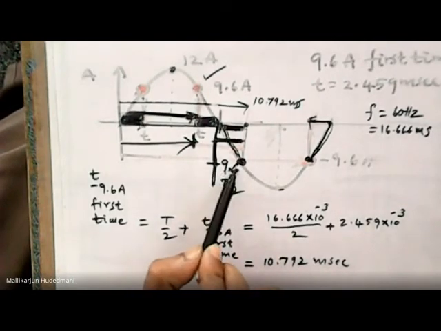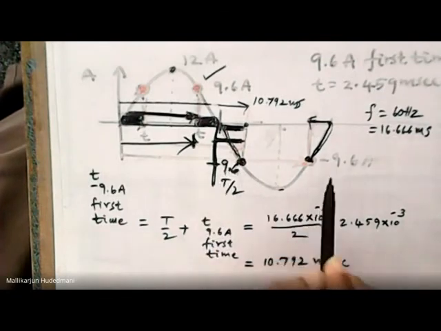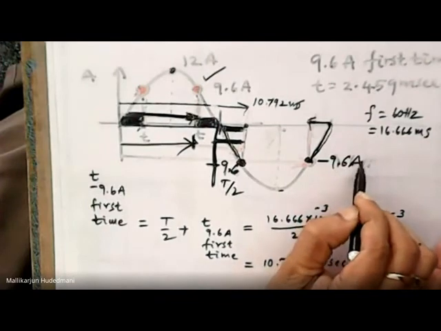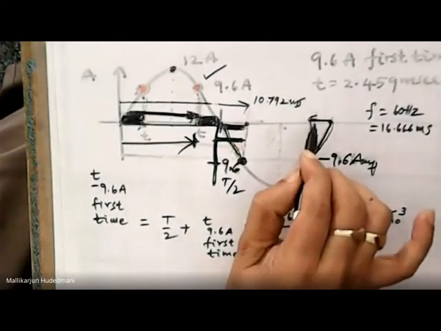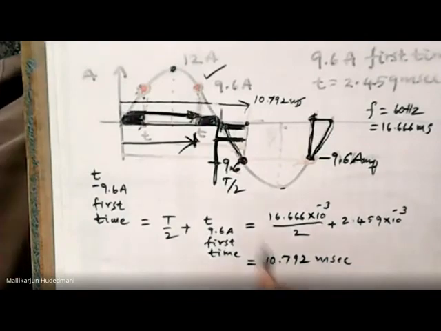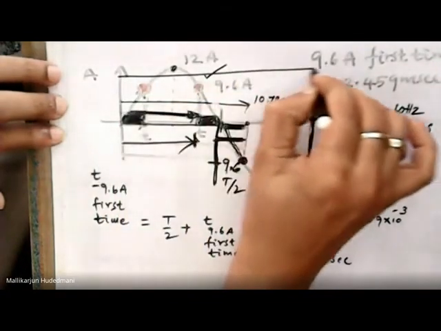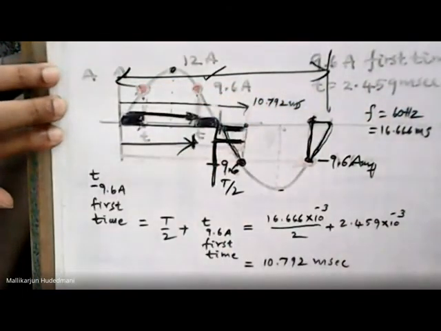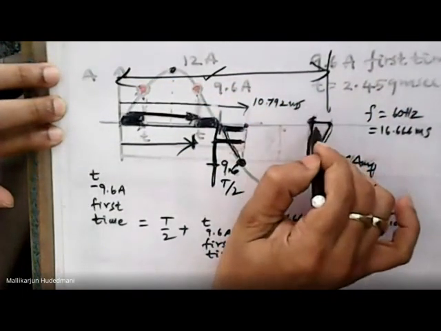The same quantity, suppose 9.6 is appearing here also. This is also minus 9.6 ampere, correct? But when is that time? What I will do for this graphically, I will take the whole cycle time this way, whole cycle time minus this length of time.